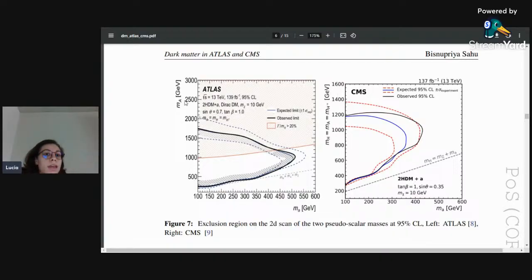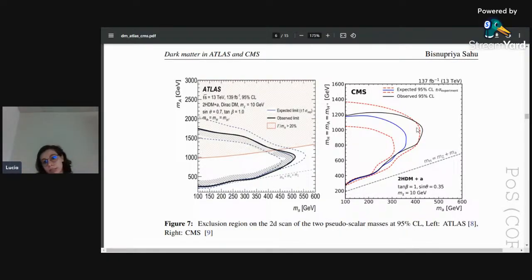So this A here is not the axial vector. This A here is the pseudoscalar. So in both cases, they are plotting the exclusion region of the mass of the A pseudoscalar in relation to the mass of the other minor pseudoscalar.